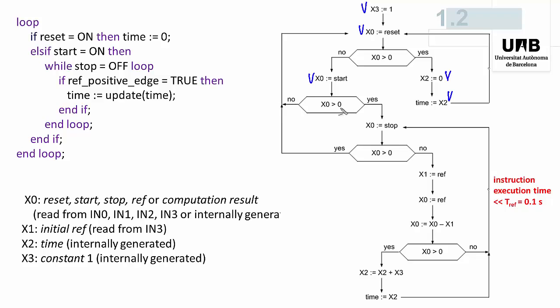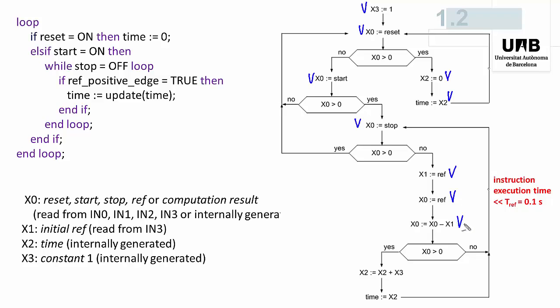If start is equal to 1, then we read the value of stop. If stop is not equal to 1, in other words, if it's equal to 0, then we continue. First, we read the reference signal, we read it another time, we compute the difference of the two readings of the reference signal.